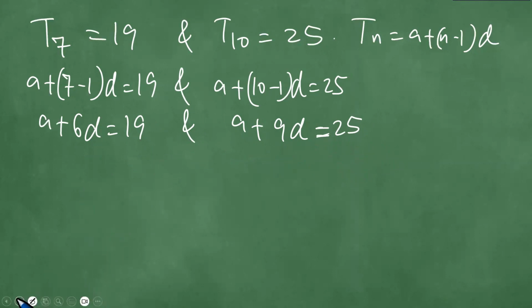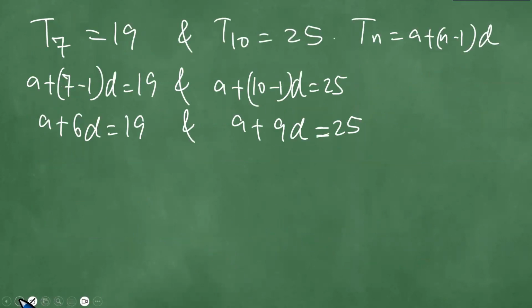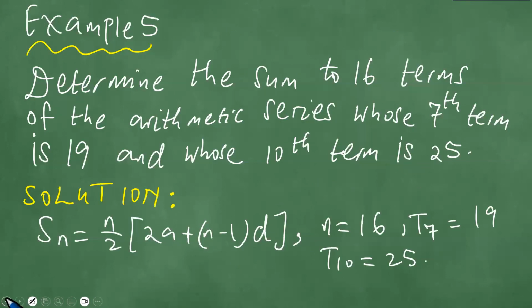So determine the sum to 16 terms of the arithmetic series whose 7th term is 19 and whose 10th term is 25. Like this. So now we need to look at these.